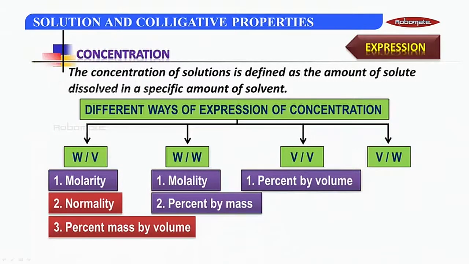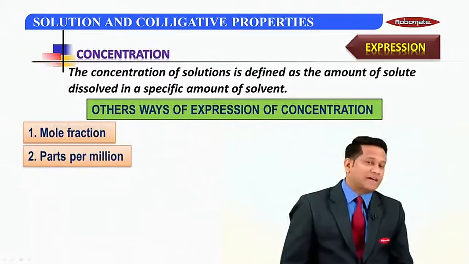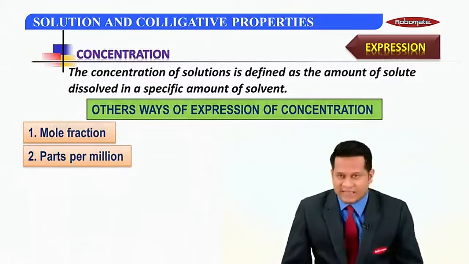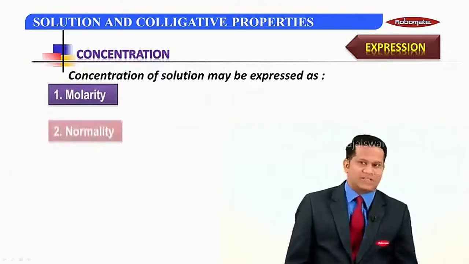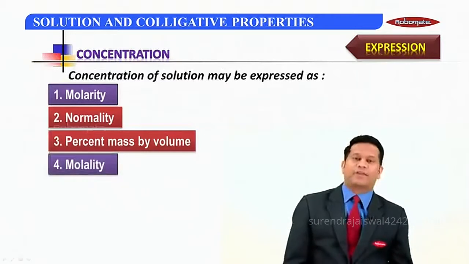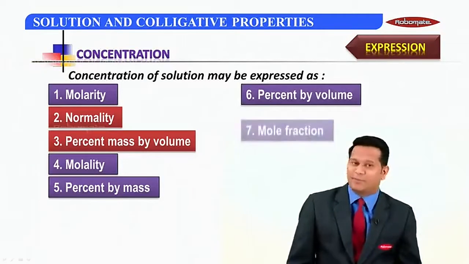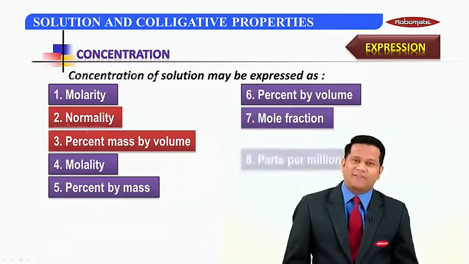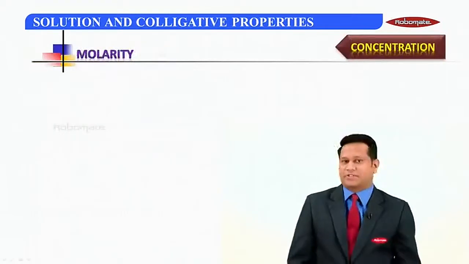Apart from these concentrations, we have more, called mole fraction and parts per million. Let's sum up everything once again. The first type of concentration is molarity, the second is normality, the third is percent mass by volume, followed by molality, percent by mass, percent by volume, mole fraction, and parts per million. Let's have a look at molarity first.